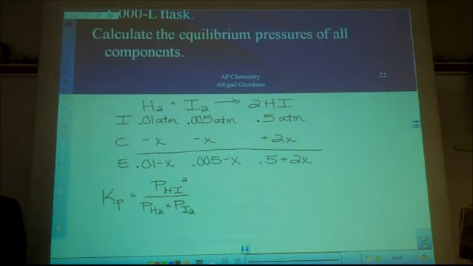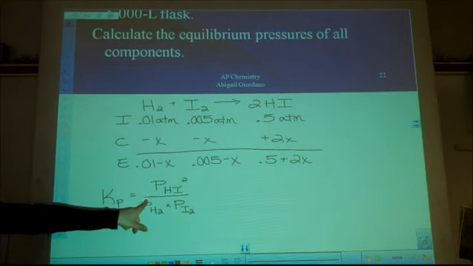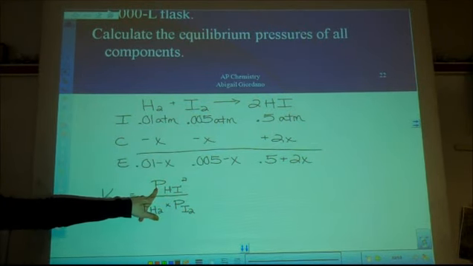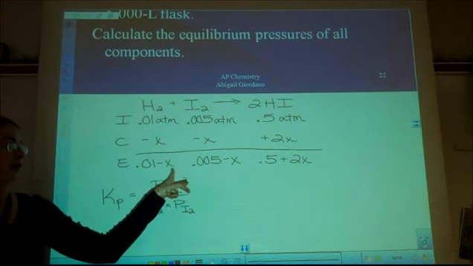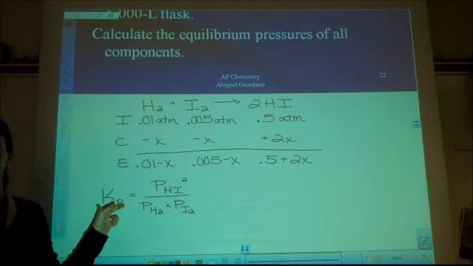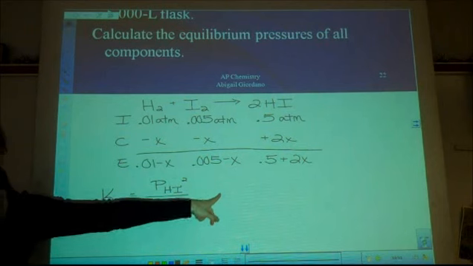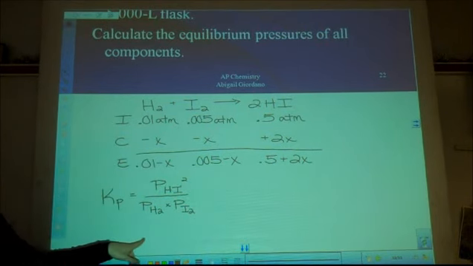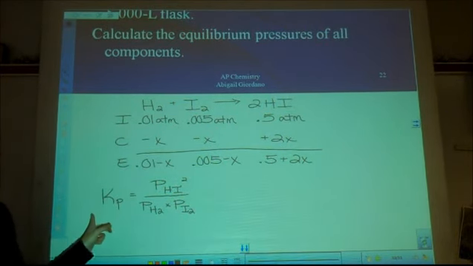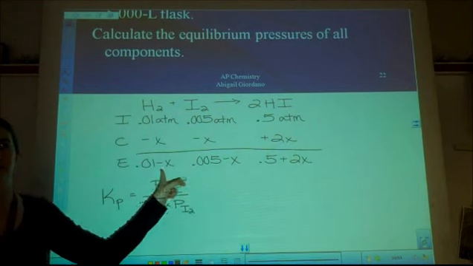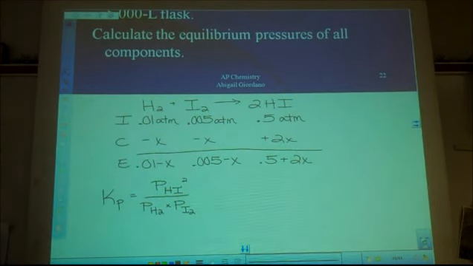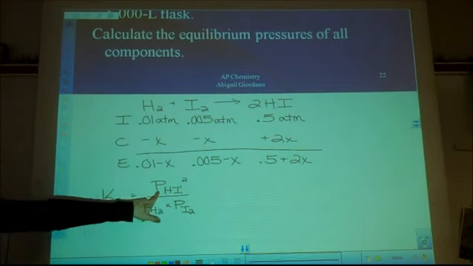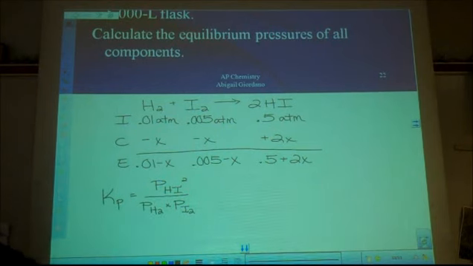These are not molarities. These are pressures. If I asked you on a test, which I will, to write a Kp expression and you included brackets, it would be marked wrong because brackets mean molarity. You must have the letter P for pressure.